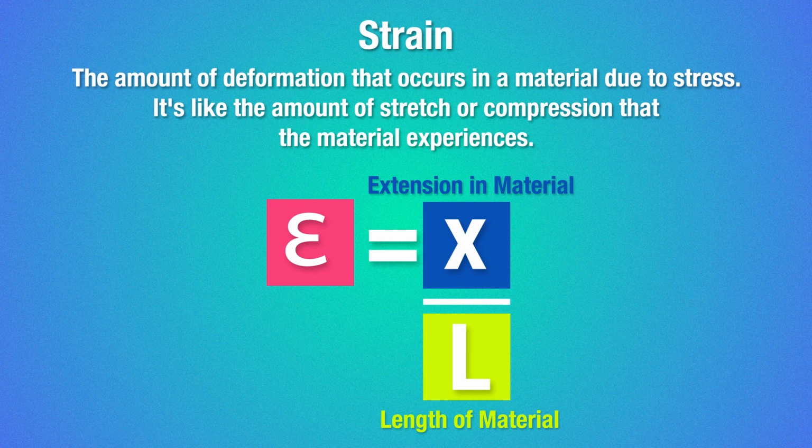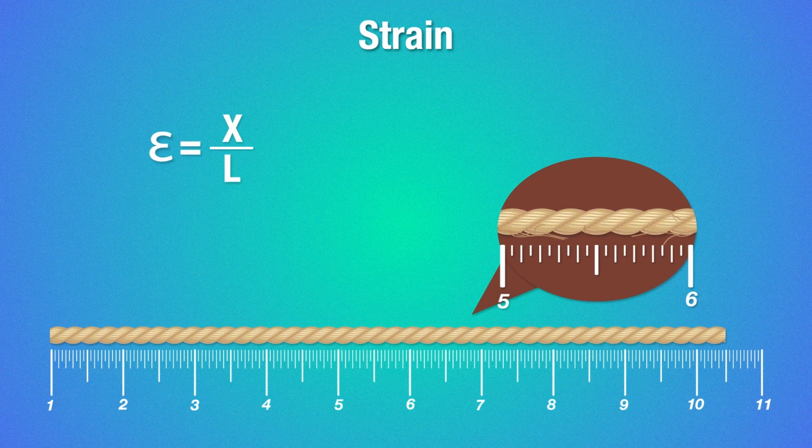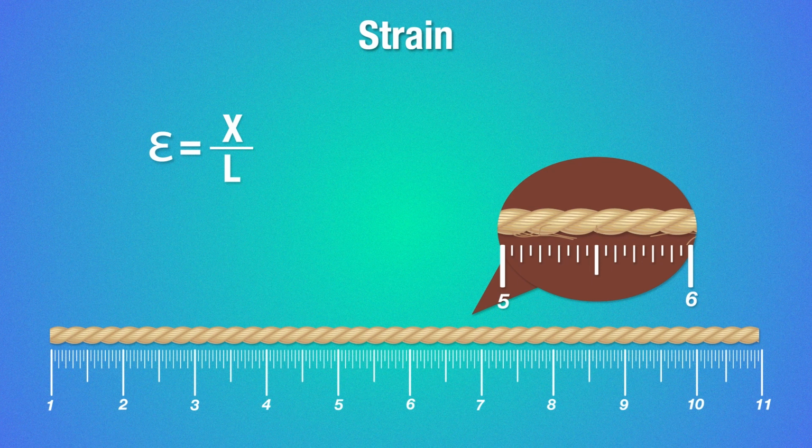In both cases, the tensile strain will be calculated as the ratio of the length of the extension or compression to the original length. So if you have an elastic rope with an original length of 10 meters, which upon being pulled extends by another 1 meter, then the tensile strain is going to be 1 over 10. And since it's a ratio value, tensile strain has no units.